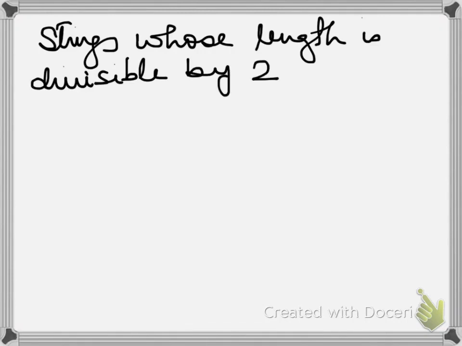Okay, strings with length divisible by 2. So how do we write this? Again, our symbols are 0 and 1. So what are the lengths which are divisible by 2? Obviously 0, a string of length 0. Then a string of length 2, then length 4, then 6, and it goes on like this.